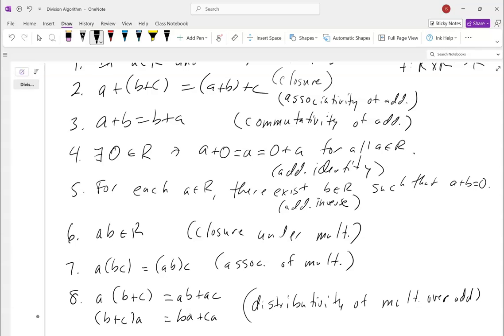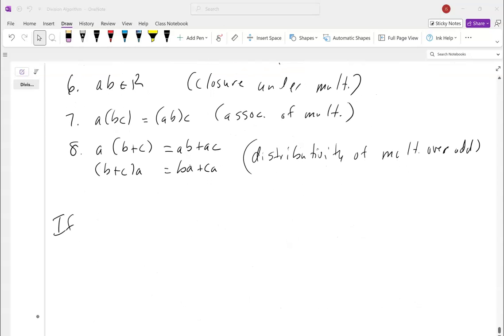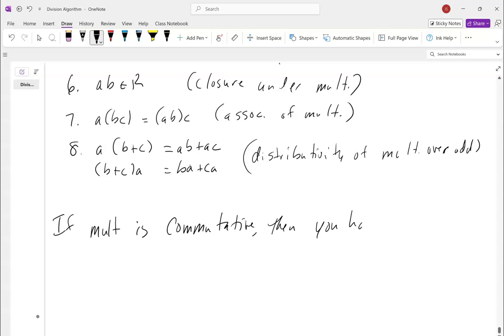and I don't necessarily need to make it have a multiplicative identity. So if your multiplication is commutative, then we refer to it as a commutative ring. And if there's a multiplicative identity, then we say that we have a ring with identity. Just to write that down, if your multiplication is commutative, then you have a commutative ring.